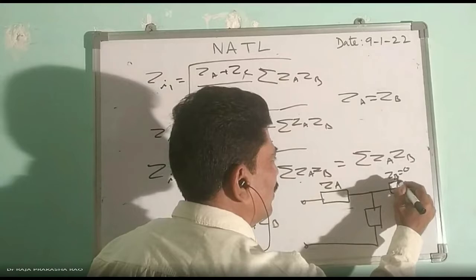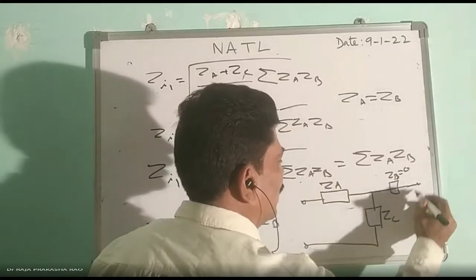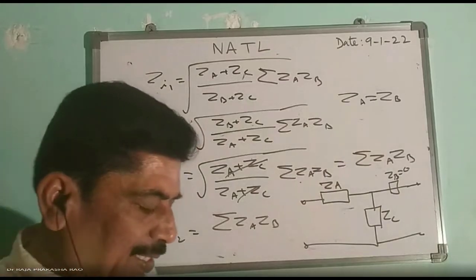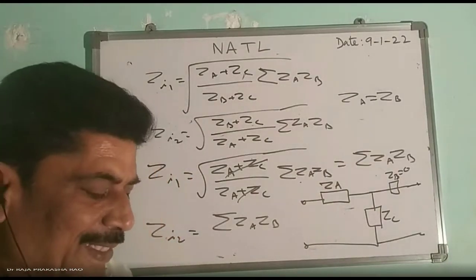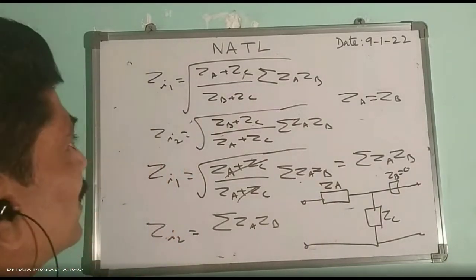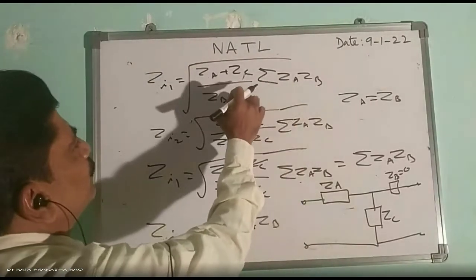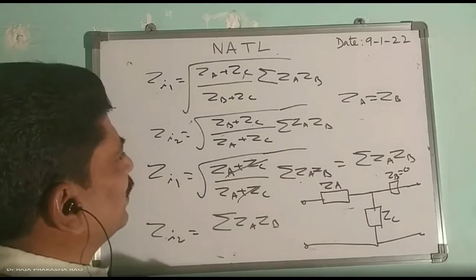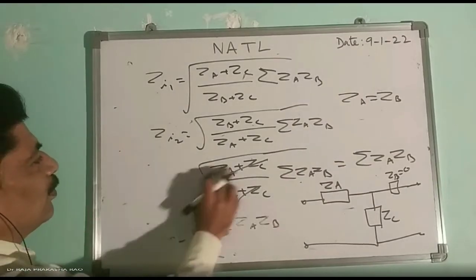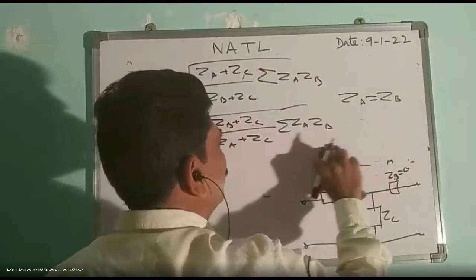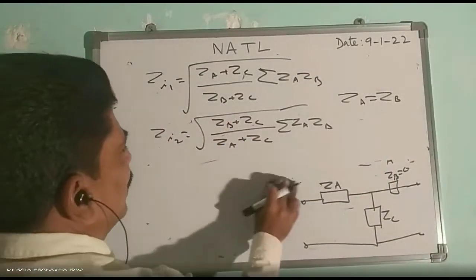If you put ZB equal to 0, you will get Zi1 and Zi2 for the L-type network, which is asymmetric. Let us find out Zi1 now.